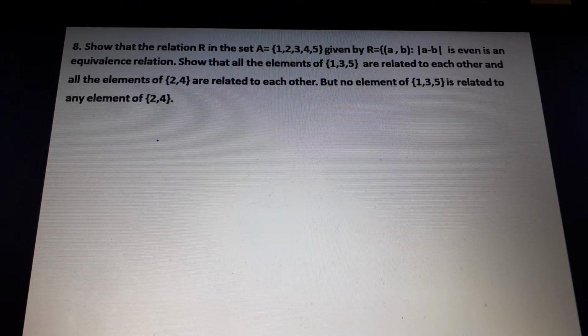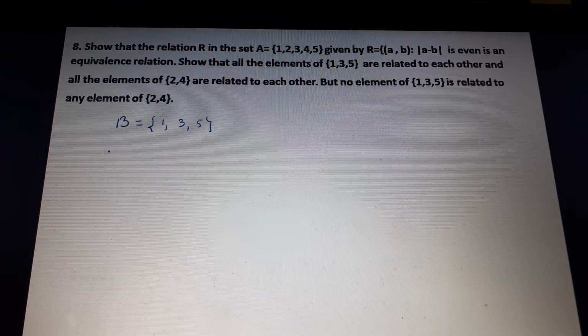Now consider this set, let me take it as B. So this set B is {1, 3, 5}. Now if you take any two elements here, say 3 minus 1 is even, 5 minus 3 is even, 5 minus 1 is even.